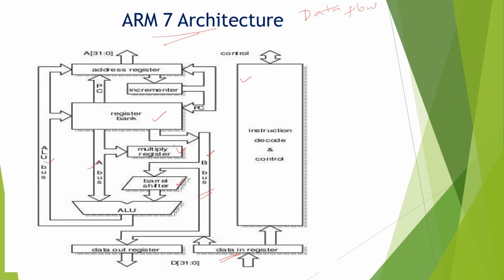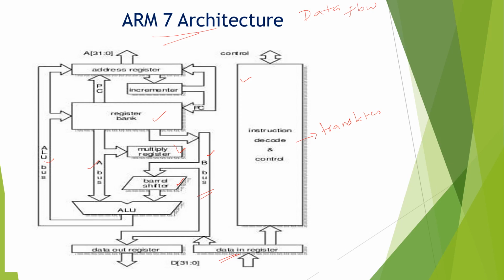The instruction decoder, this block, translates the instructions before they are executed. Each instruction executed belongs to a particular instruction set. As I said, this architecture uses the load and store feature.